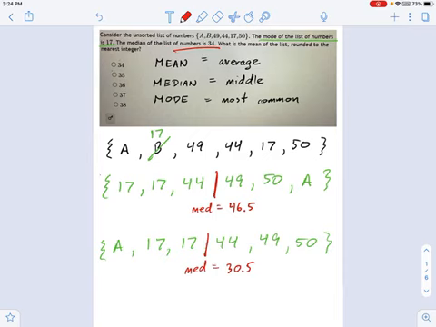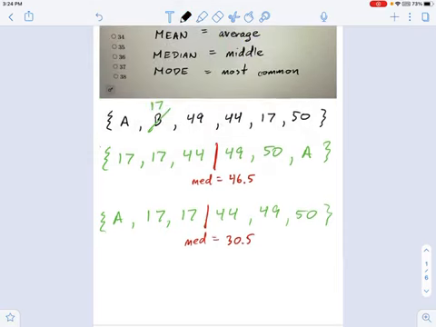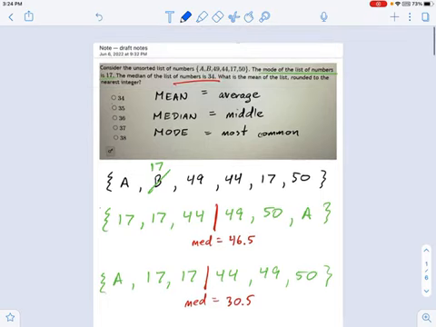What's going to change something is if we write the list this way. We're going to have to write this list something like the following: 17, 17, 44, and, 1, 2, 3, 4. How many numbers do I have in this list? 6.